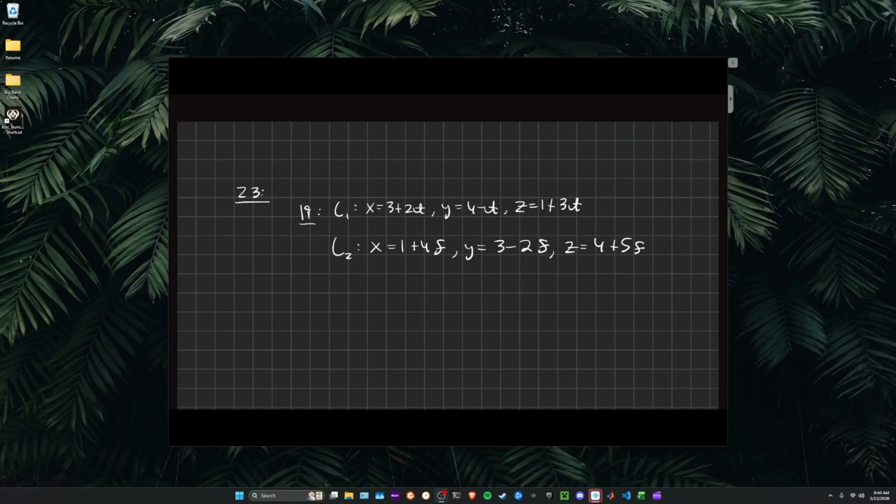Okay, so we're given the direction vectors just from these parametric equations. So v1 being 2, -1, 3, and v2 being 4, -2, 5.